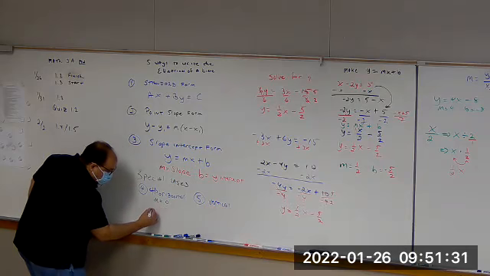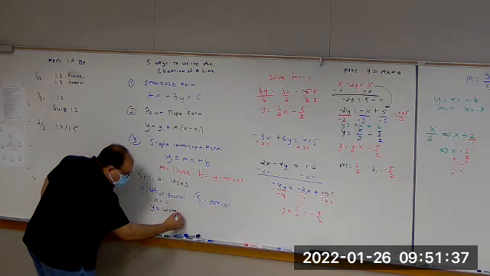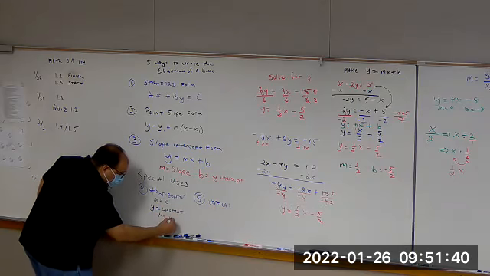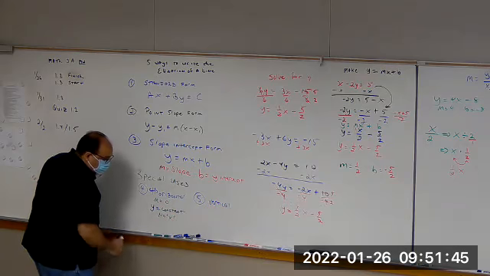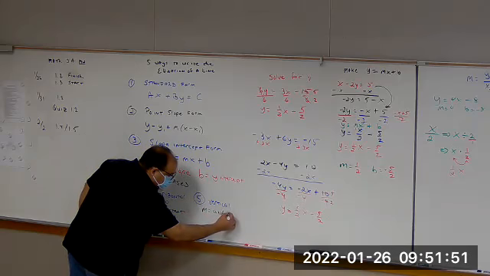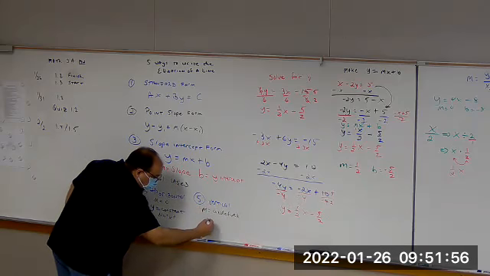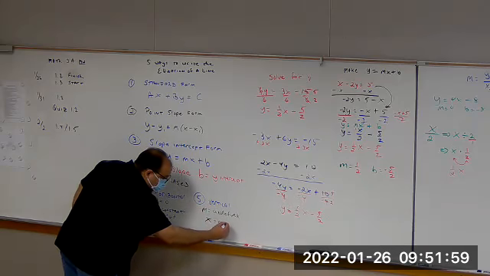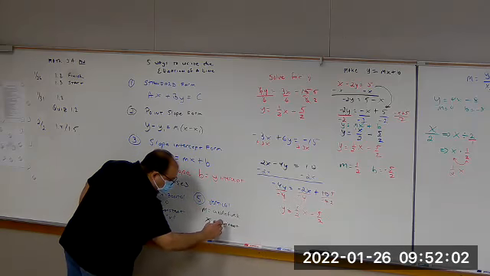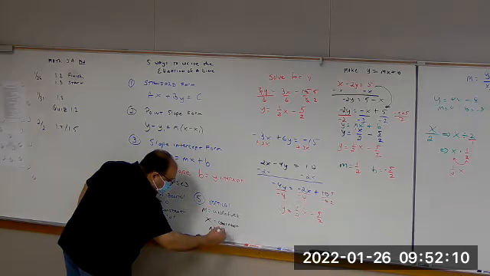And when you write the equation of a line, it's y equals a constant. There's no x in the equation. It's just y by itself. When it's vertical, the slope is undefined. And when you write the equation of a vertical line, it's x equals a constant. And there's no y in the equation.